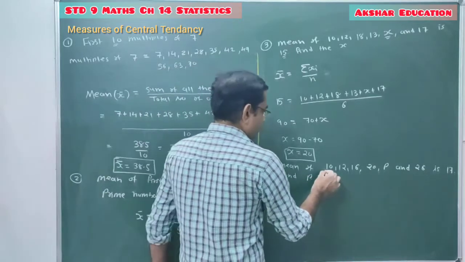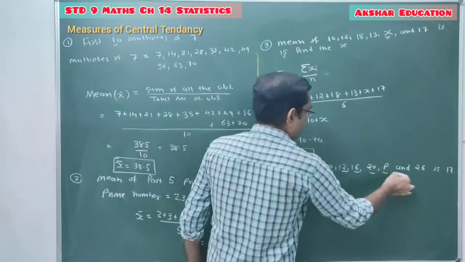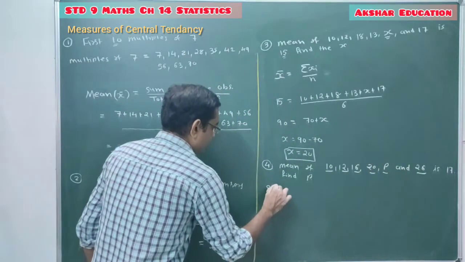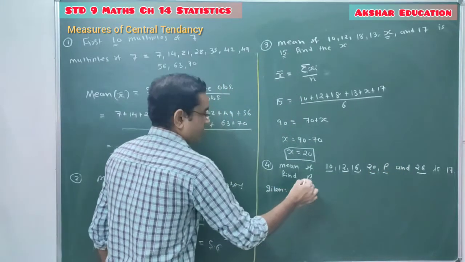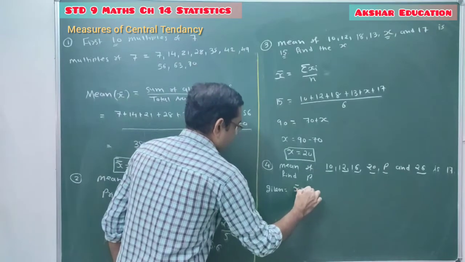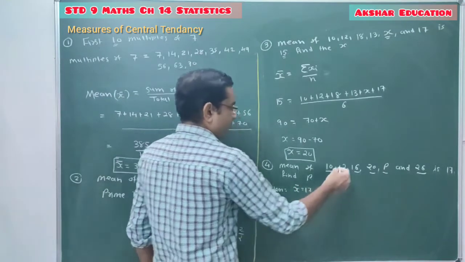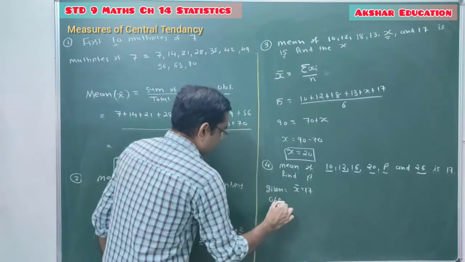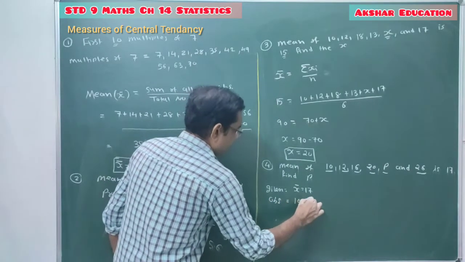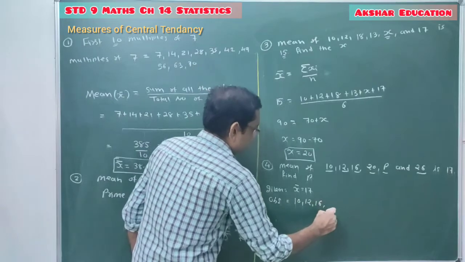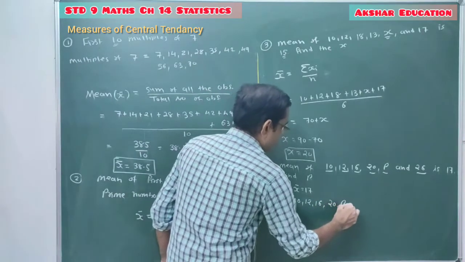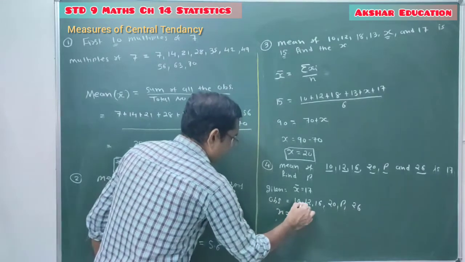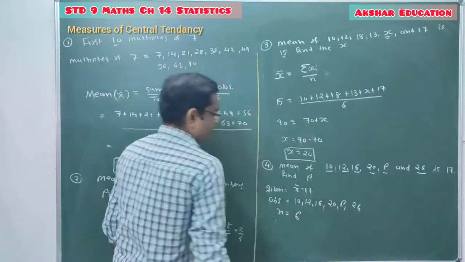So the mean of this observation, 1, 2, 3, 4, 5 and 6 observations, is 17. So you can also write given. So mean is given, x bar equal to 17, and observations are 10, 12, 16, 20, p and 26, and number of observations are 1, 2, 3, 4, 5, 6, right?